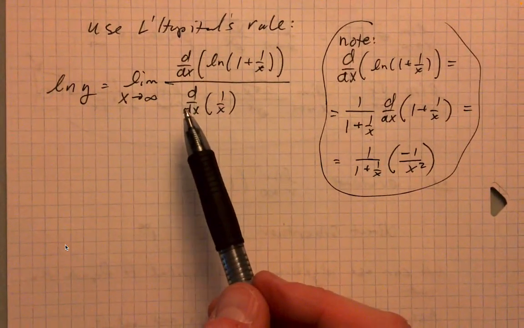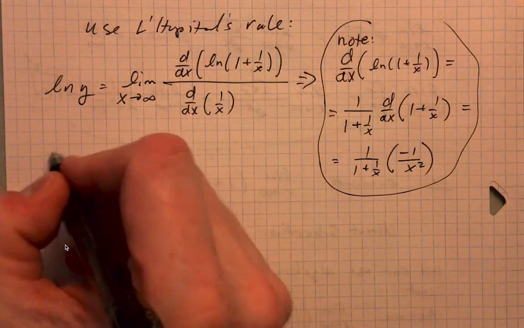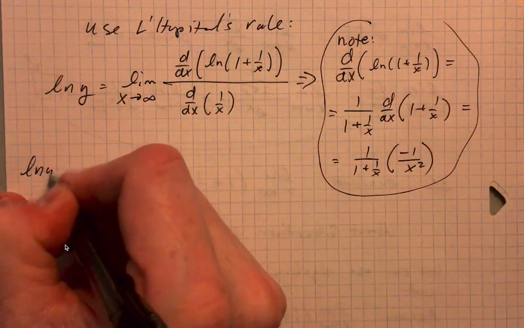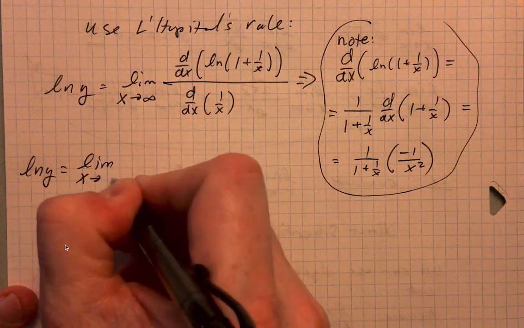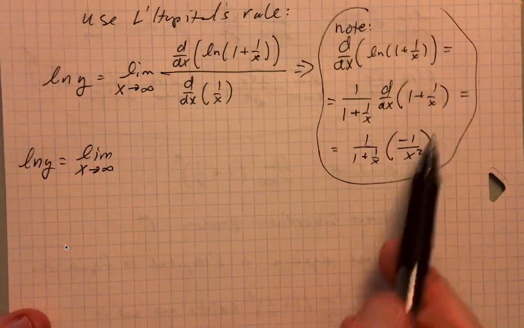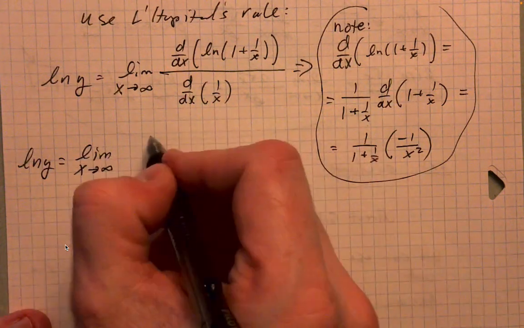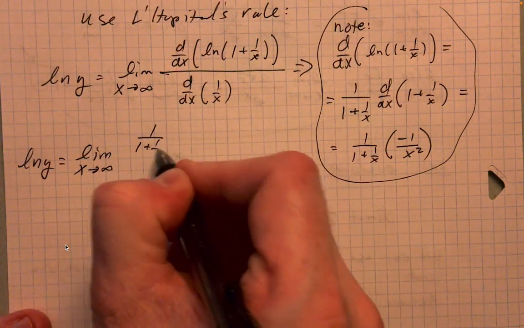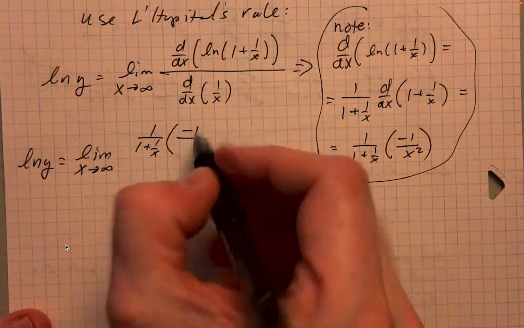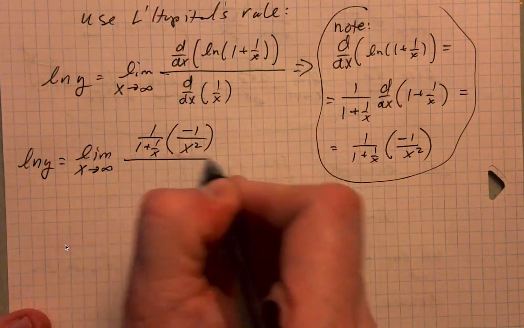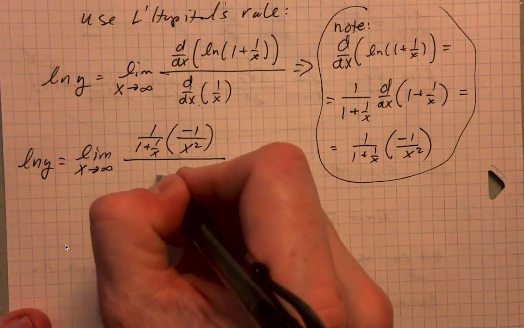So let's continue. That's going to imply that the natural log of y is equal to the limit, just plugging those functions in. This is going to be the limit of 1 over 1 plus 1 over x times negative 1 over x squared, and then this derivative here is negative 1 over x squared as well.